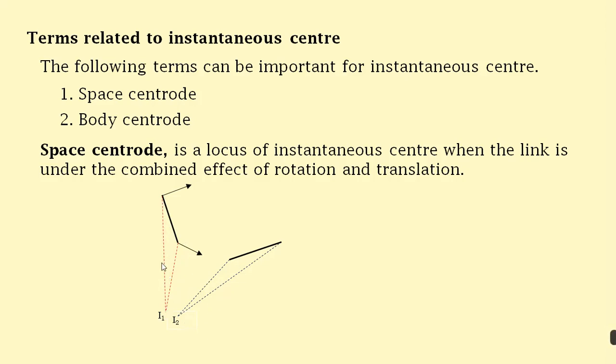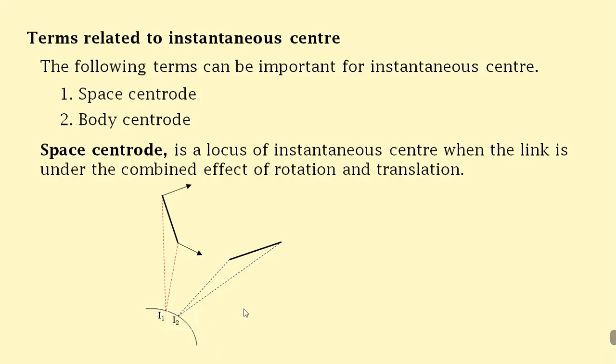That means these two distances will not be equal whenever the link is under the combined effect of rotation and translation. Like this, during the entire movement of the link in a mechanism, if we trace the instantaneous center location, we'll get one curve. By joining I1 and I2, I can show one curve. This curve is called the space centroid.